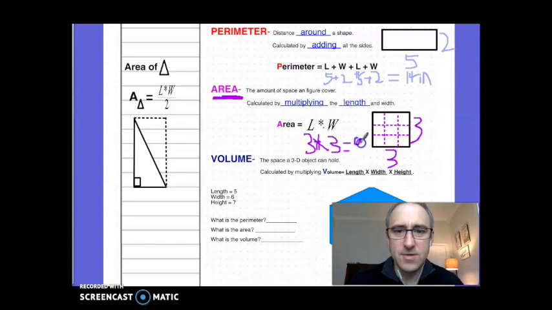And if we count our division of boxes here, we see that we have 1, 2, 3 across, 1, 2, 3 down, and 3 times 3 is 9. Area is written in inches squared with the little 2. But we're not going to worry about that right now. But that little 2 means little squares.